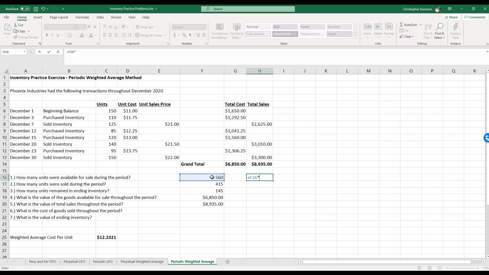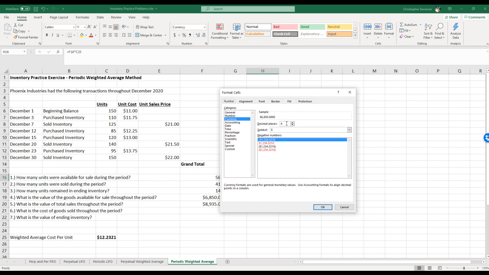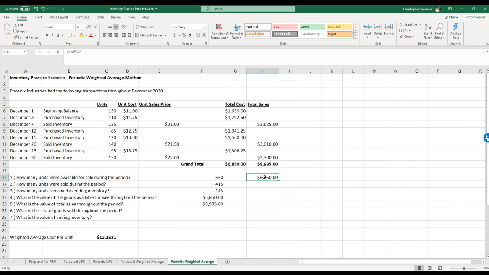If we take 560, those are the units available for sale, multiplied by 12.2321, notice, and this was rounded, we don't need it rounded out that far anymore, that was exactly $68.50, which we already knew the total cost was. So that's just to make sure you're doing the right thing, that you're understanding it fully.